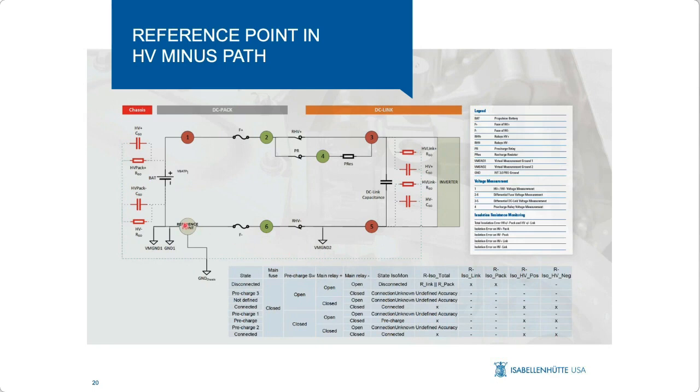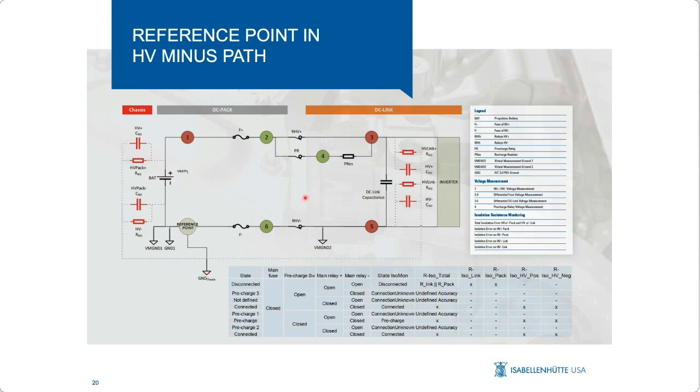So in this case, our reference point is on the negative leg of the battery. If it was on the positive leg of the battery, our first voltage sensing point, which is the battery pack voltage, would be placed on the opposite side. From our reference point, or the point where our isolation monitoring system is located, we also need a sensing line to chassis ground, to the low side.